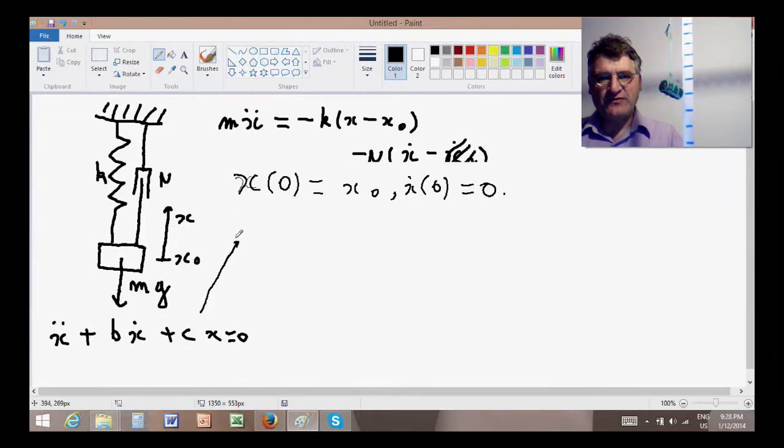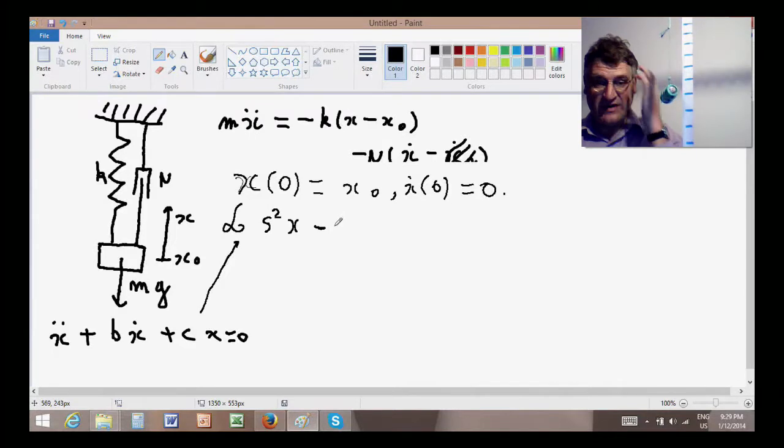The Laplace transform of this equation is s squared times x minus... hold on a second.